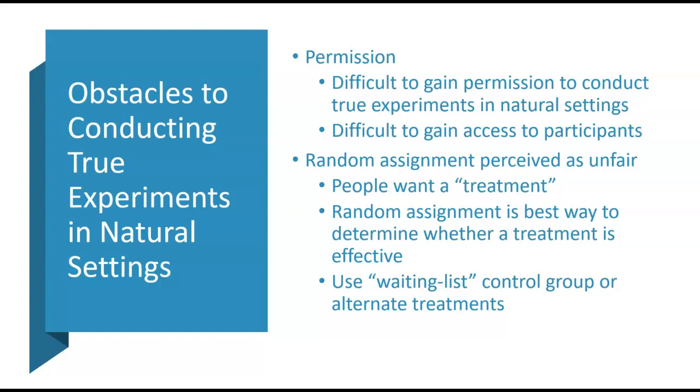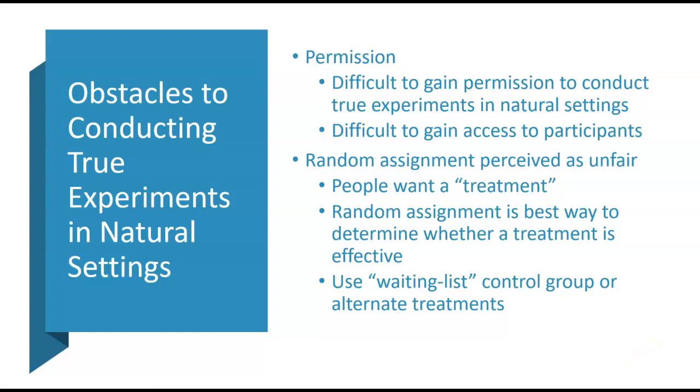One way around this is a waitlist control group, where you randomly assign participants to experimental and control groups, but you promise the control group that after a sufficient amount of time to test efficacy in the experimental group, you will provide the treatment to the control group. And still, some people will perceive this to be a fairness issue, so you end up having a selection issue with who's willing to participate and who's not.